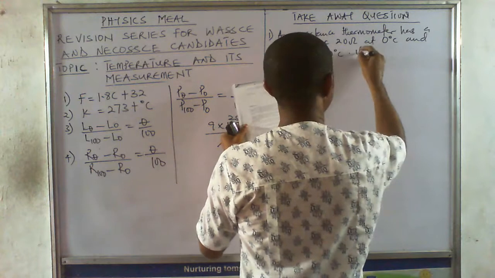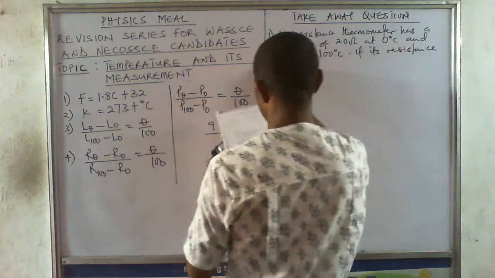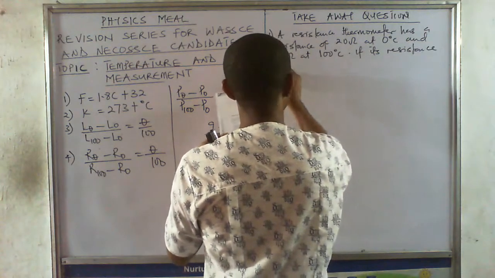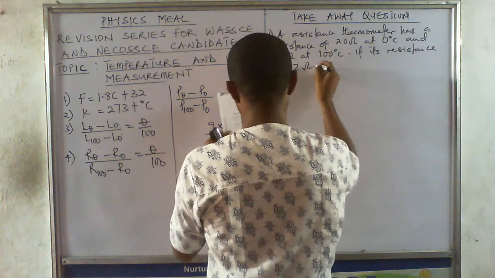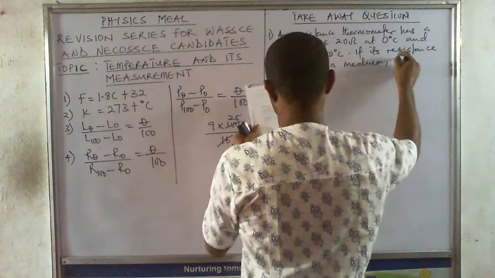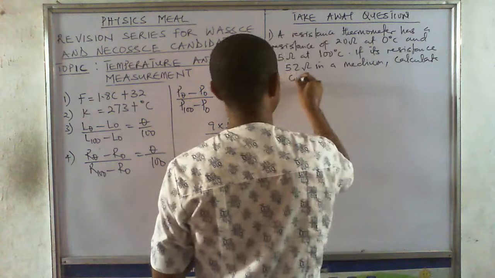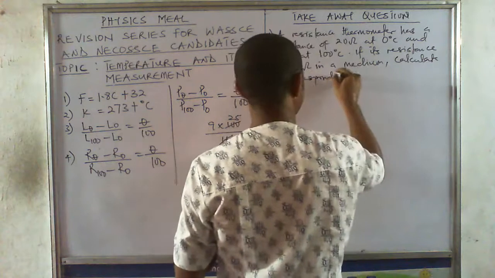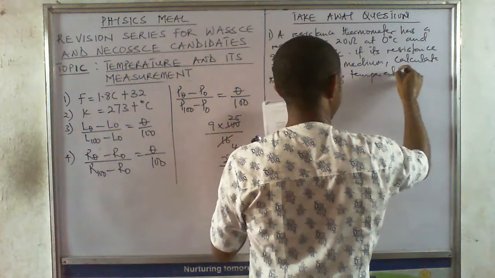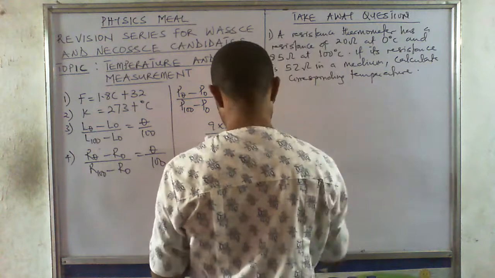If this resistance is 52 ohms in a medium, calculate the corresponding temperature. Calculate the corresponding temperature. That's question 1.